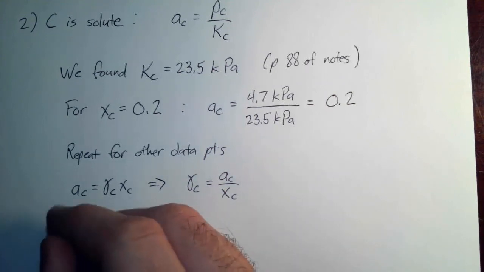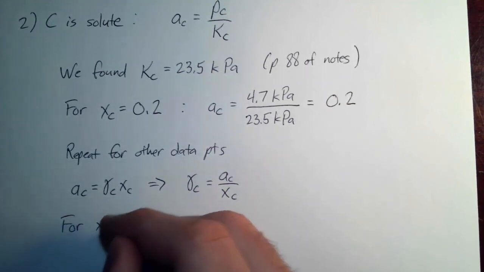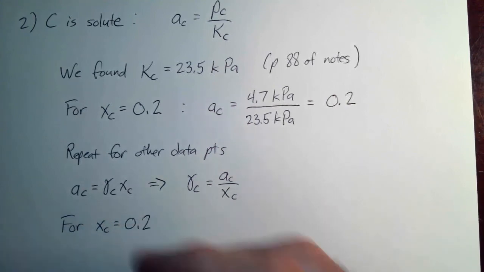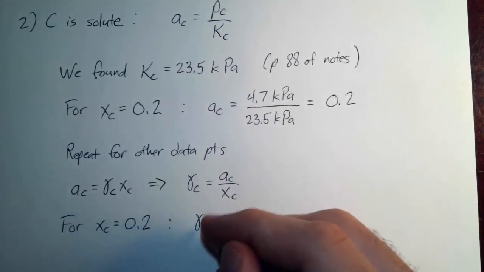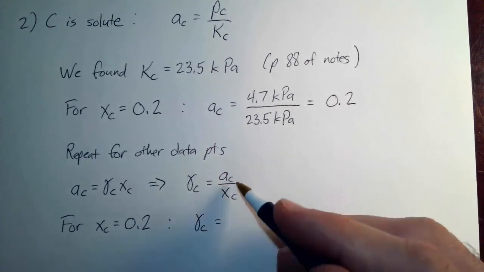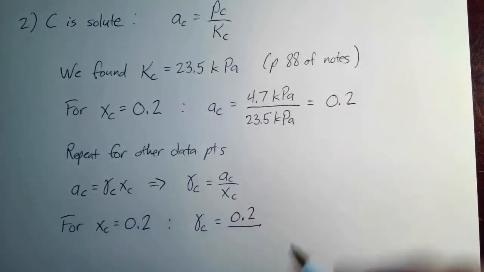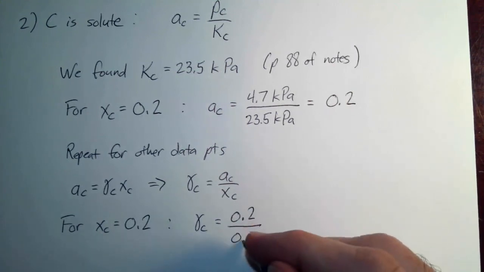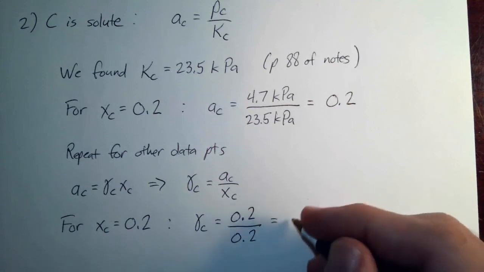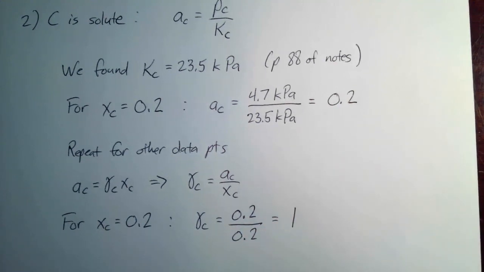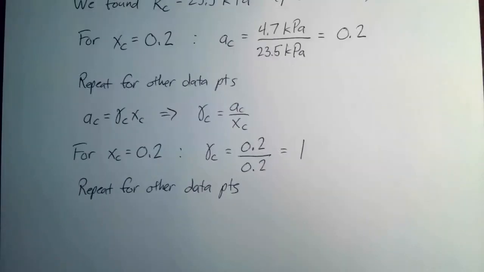And so again, returning to the data, for the 20% case, gamma is going to be AC, which we just found was 0.2, divided by XC, which was the mole fraction of this data point, which is 0.2. So gamma C is 1. And then we repeat this for all the other data points.